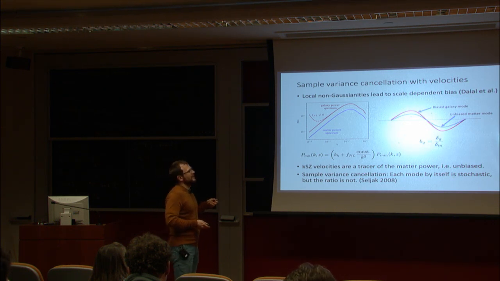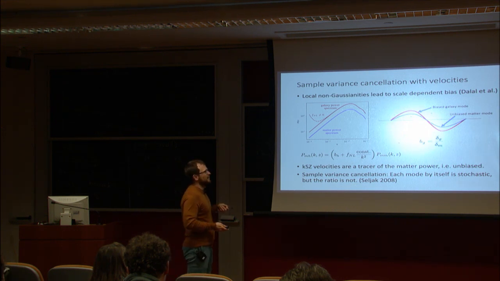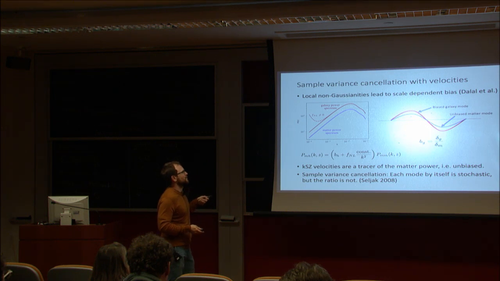This is a cartoon picture of what's going on. If you can measure once the biased galaxy mode, and once the unbiased matter mode, and both of these are of course stochastic quantities, so they come with cosmic variance, but if you take the ratio of the two, in principle you measure exactly the bias.